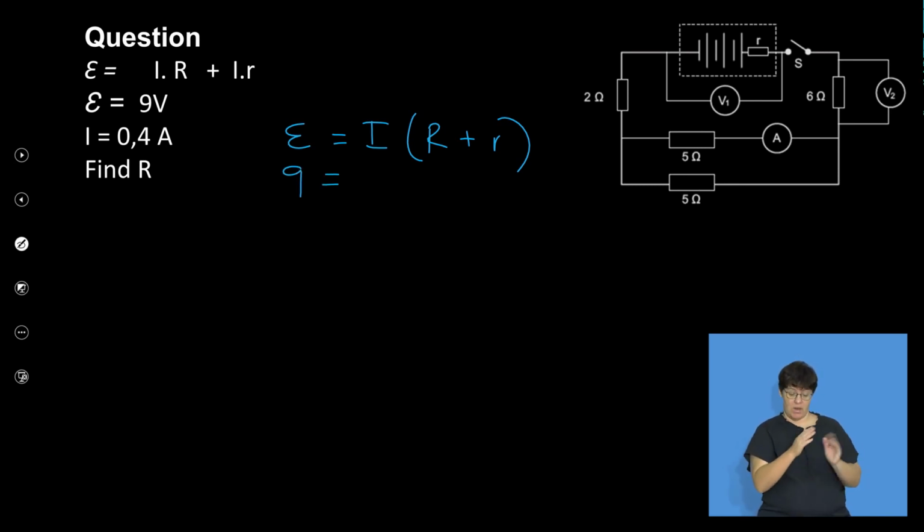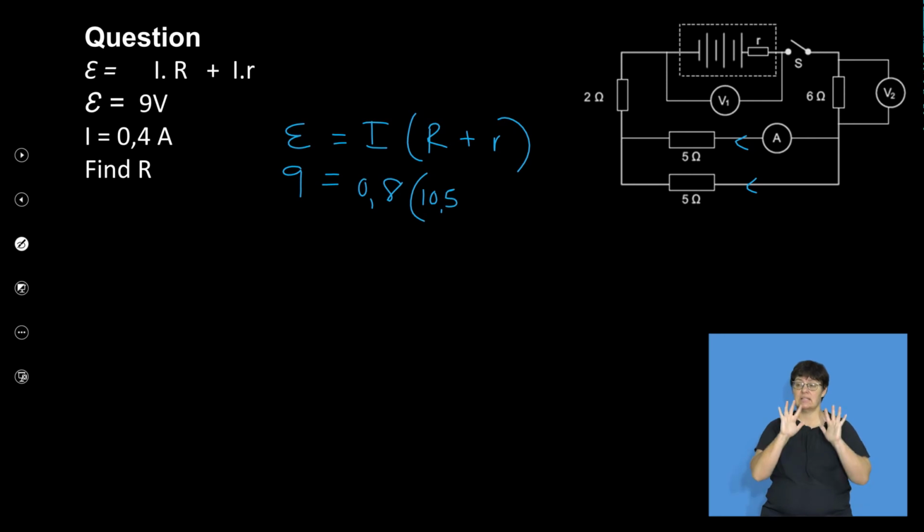The total current is the catch: if 0.4 goes through one 5 ohm and another 0.4 through the other, we have 0.8. The total resistance we calculated is 10.5. Then we are able to get the small r.